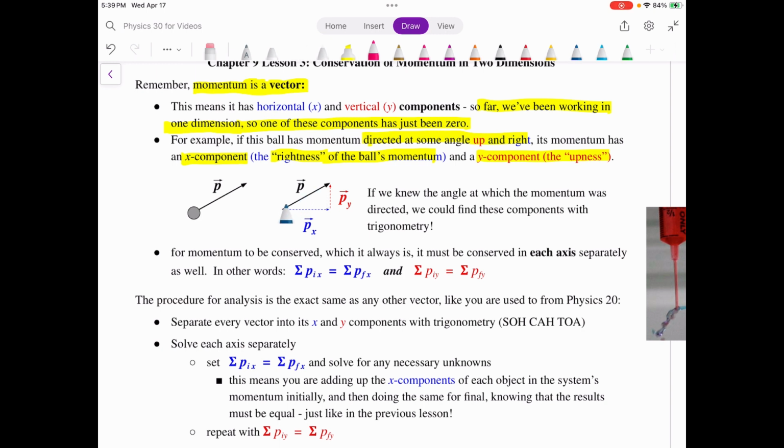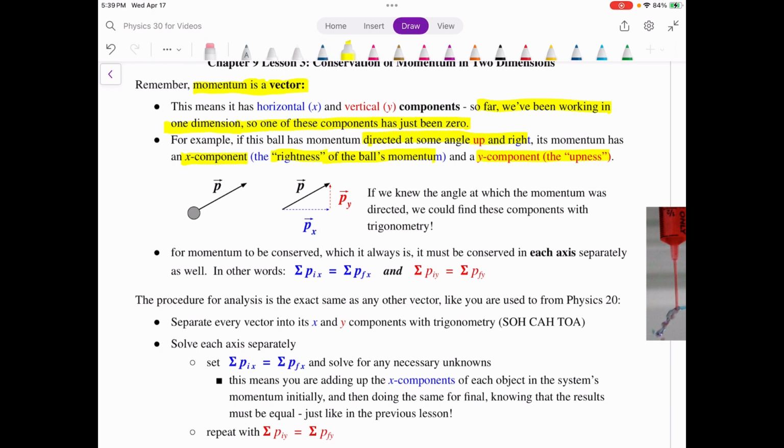So we've got an uppy righty momentum, right? The x component is just saying the righty part, and the y component is just saying the uppy part, right? Notice it's just the vertical length of the momentum vector that is the y component. The horizontal length of the momentum vector is what we call the x component.